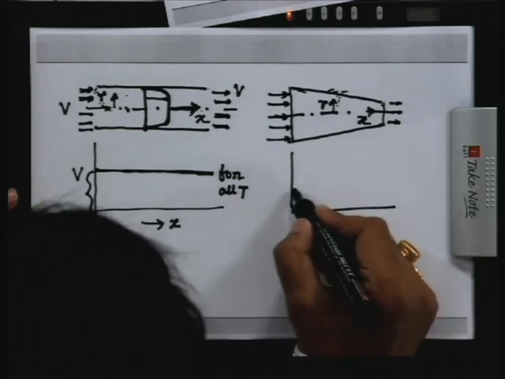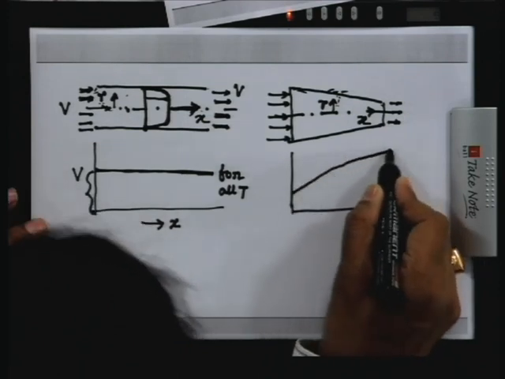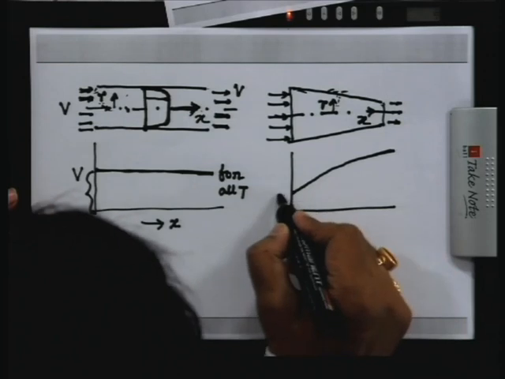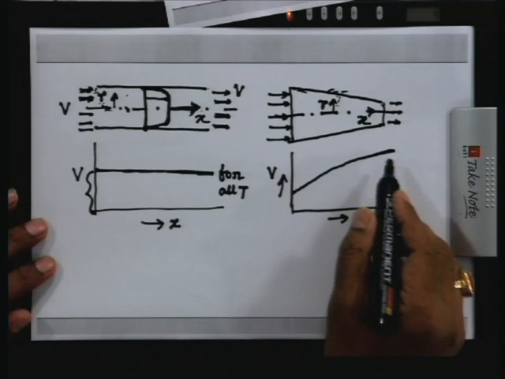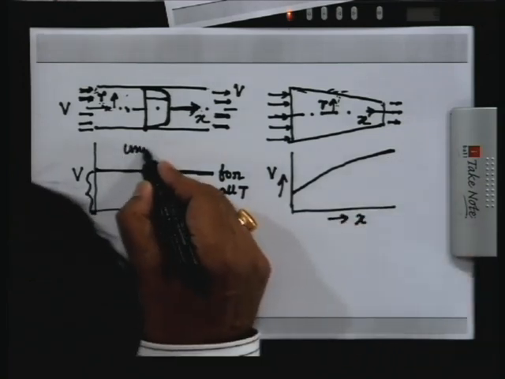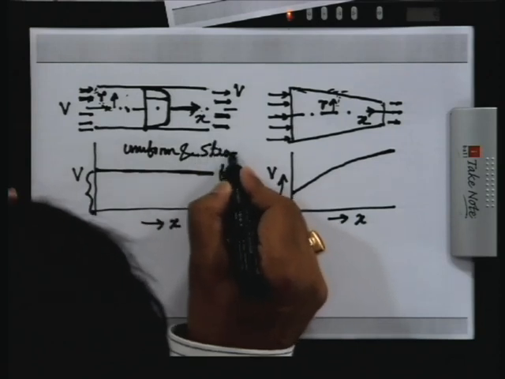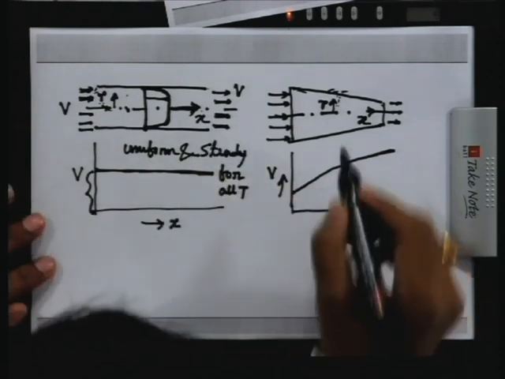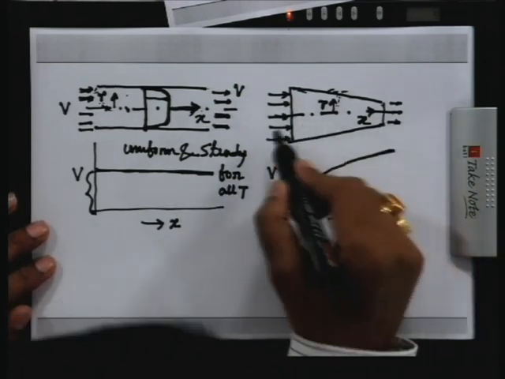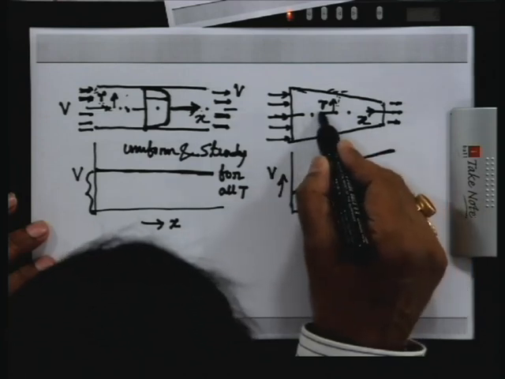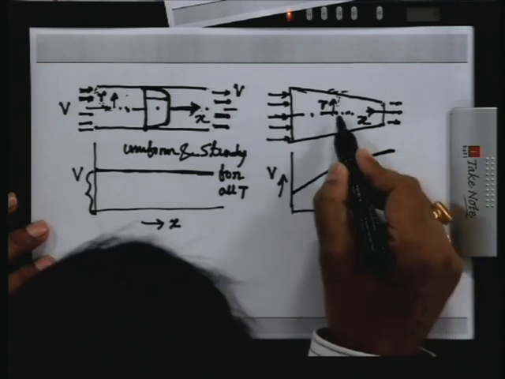So, if you draw this, you will see the center line velocity, for example, increases. That means the velocity changes with the x coordinate. This is a case of uniform and steady, and this is a non-uniform one. But at the same time, if the inlet velocity and outlet velocity do not change with time, these are the boundary conditions, then the center line velocity, which changes with x, increases, but at any location it does not change with time.